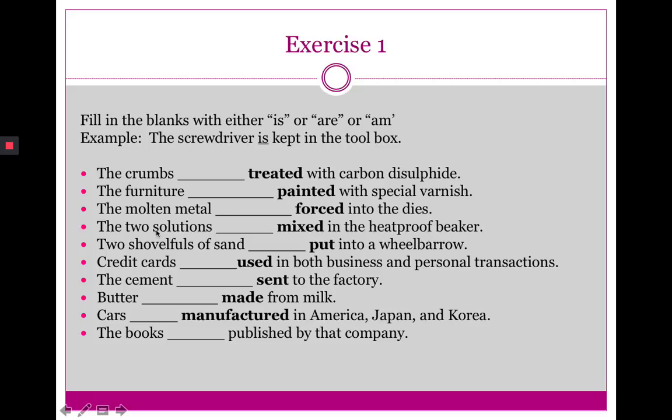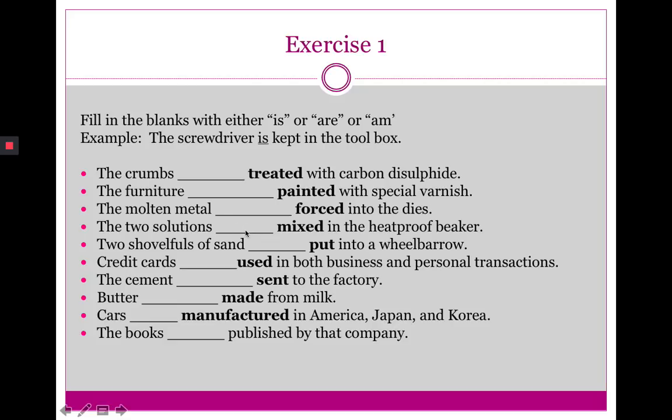Okay, next one. The two solutions. Okay, look at here. You see S to the object and you see the word two. Okay, so it's more than one. Even though its solution is liquid, right? But when you have quantifier, when you have S here, that means two types.